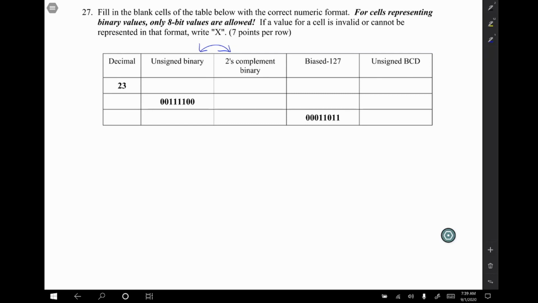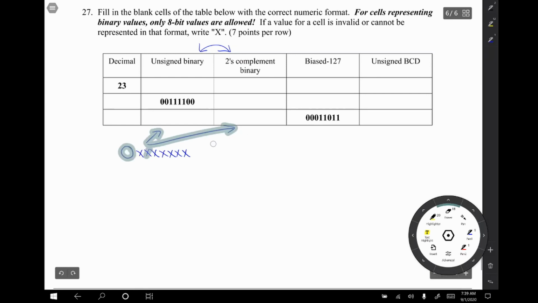Well, specifically for two's complement, it has a sign bit, the most significant bit, of 0. So if you've got an 8-bit value that starts with a 0, and then you have the 7 bits that follow it, if this is an unsigned binary or two's complement, they're going to be the same.